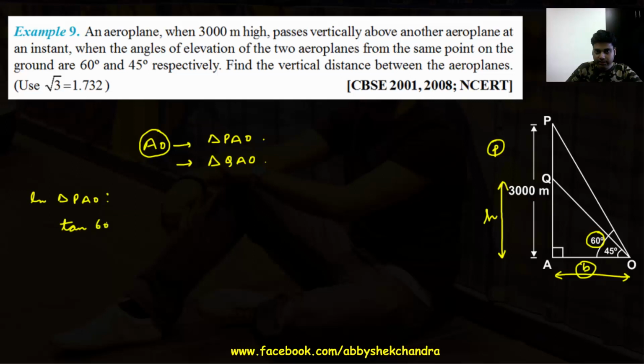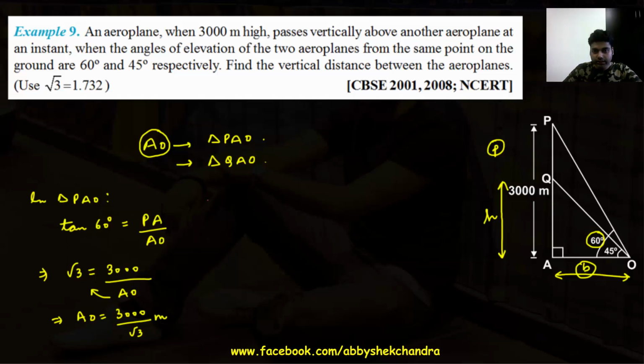So tan 60 degrees will be equal to perpendicular, which is PA, by base AO. Tan 60 is how much? Root 3, equal to PA, which is given to be 3000 meters, divided by AO. So what will AO be? Take it to the other side, bring root 3 to the other side. So AO will be 3000 divided by root 3 meters.